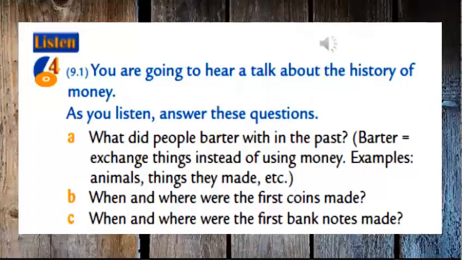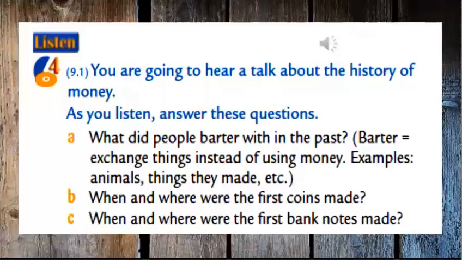In those days, the world's population was much smaller than it is today, so people didn't have to go very far to barter. For example, a farmer could take some of his corn and exchange for material to make clothes. The problem was that bartering only worked if both people wanted to barter at the same time.